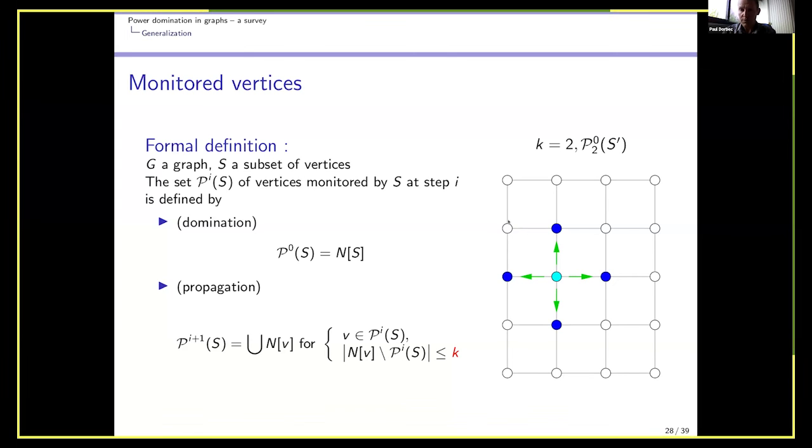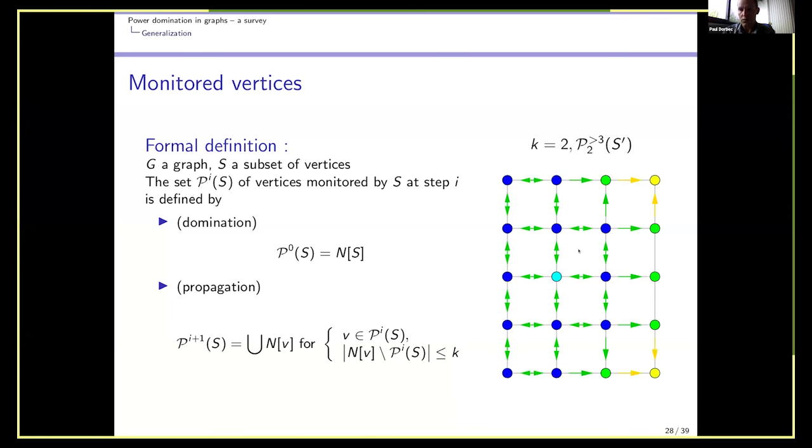In usual power domination, this is completely stuck. Now, this one can propagate here, and then from this one it can propagate also on top or on right, and so on. So you have a whole new bunch of problems to consider.